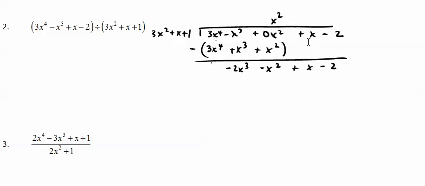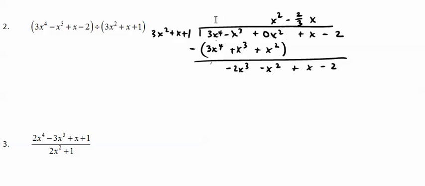Now this is a little bit more tricky. I want to get negative 2x to the third. Well, I think you all see that it's going to be negative an x. But what number should I use as the coefficient? I have to multiply by 3, but I want 2. We'll use 2/3, right?